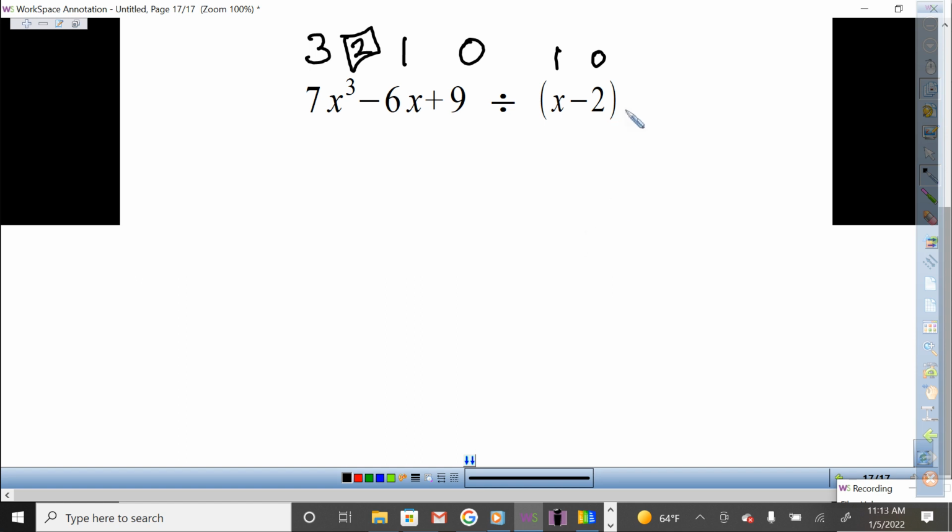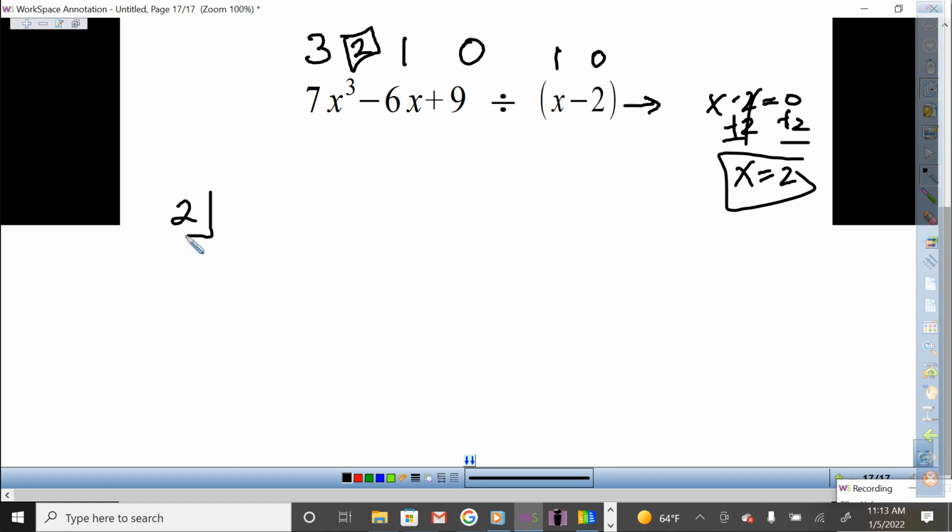What do I do next? I'm going to take this one, set it equal to 0, and solve. x equals 2. That one goes over here as my divisor. Next, for synthetic division, we don't need any variables, just coefficients and constants.